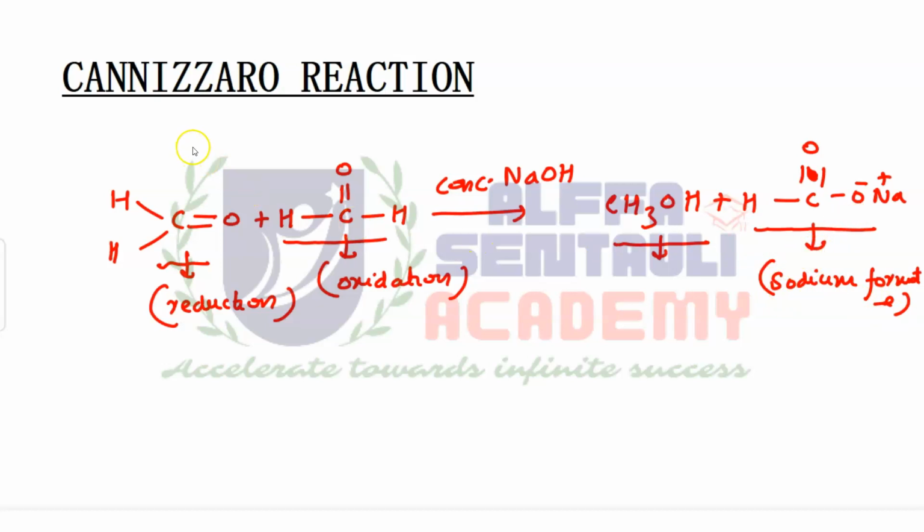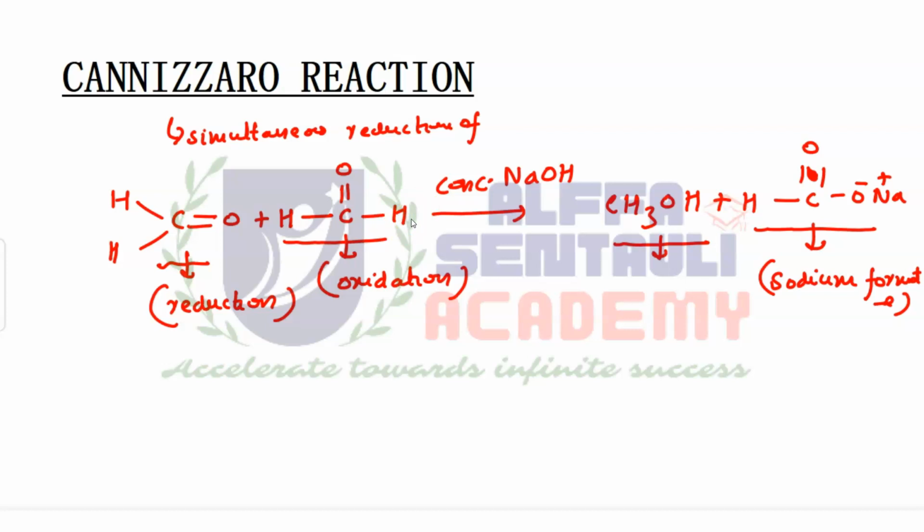Understood? So in the Cannizzaro reaction, simultaneous oxidation and reduction reactions are happening. So it is an example of redox reaction. Yes, but this is not a combination of redox reactions, right?